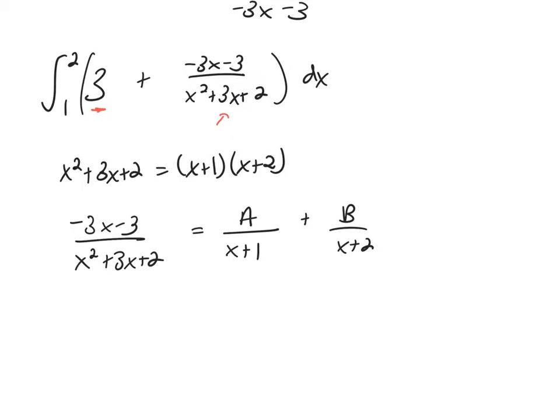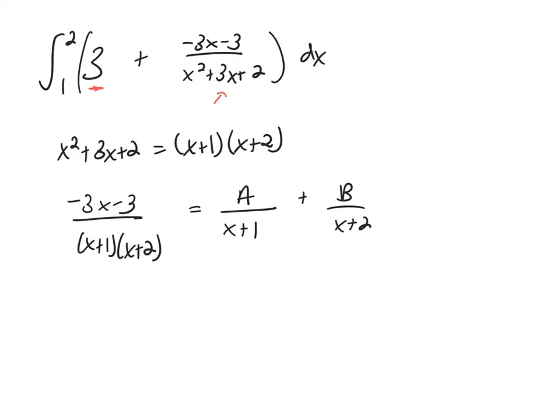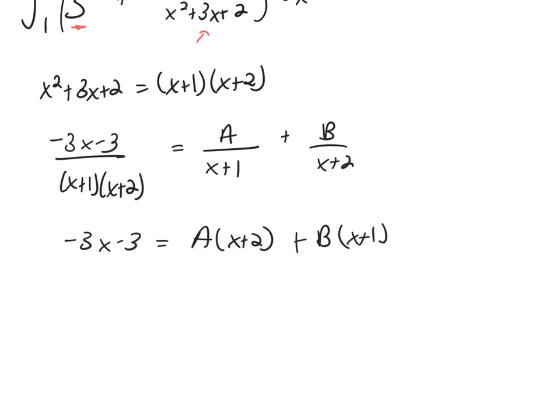I guess we could leave the denominator in its factored form. So x plus 1, x plus 2, and then you multiply by the denominator on the left. So you'll get a times x plus 2, plus b times x plus 1, and we're going to plug in values of x.